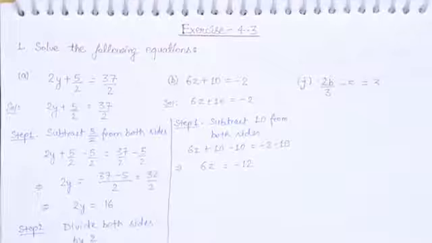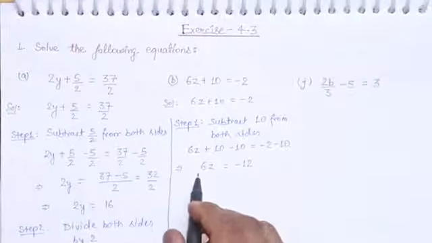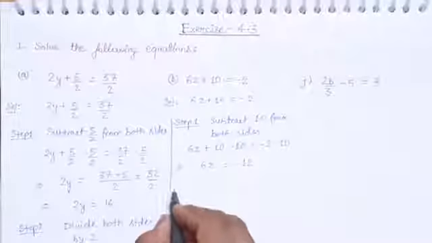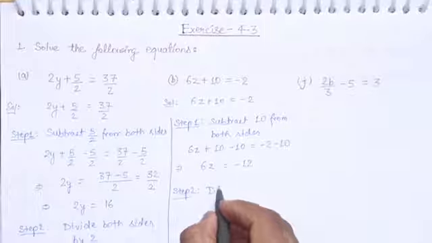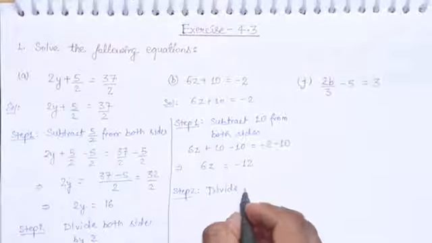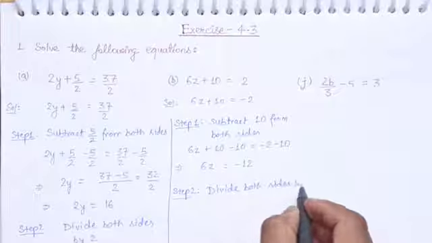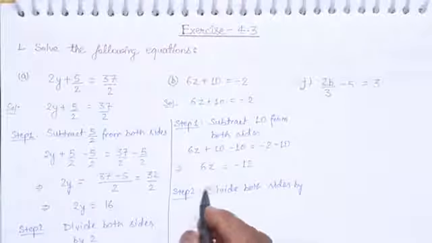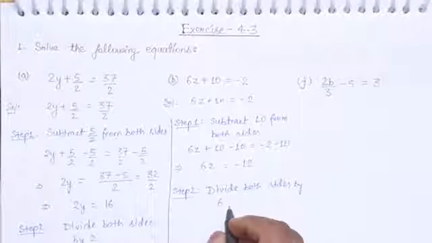But again you can see that we have 6z in the left hand side instead of z. So what is our step 2? In step 2, divide both sides by 6 in order to obtain z only in the left hand side.